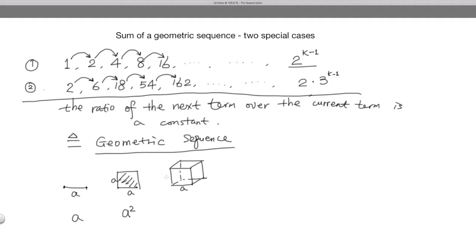So this is A, and A. What is the volume of this cube? It's A times A times A, A cubed. And now in 4 dimensions, I really cannot draw this anymore, but people call it a hypercube, and the volume of that hypercube is A to the 4th.